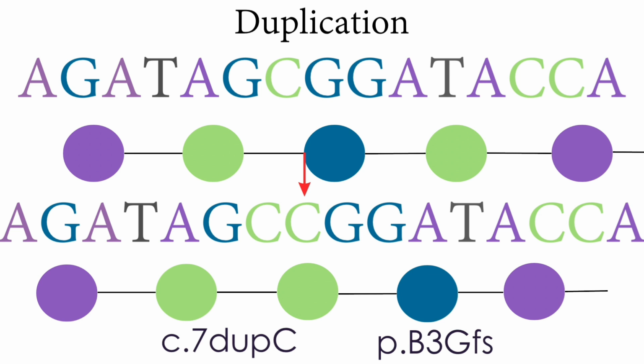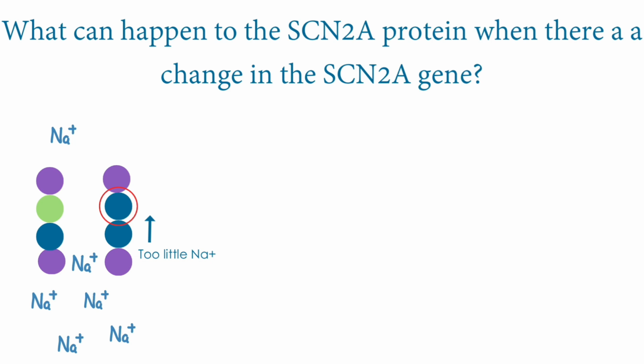The p. for this would be written as p.blue3greenFS, because a blue was changed to a green at the 3rd position, and it led to a frame shift since there was an additional 1 base pair, which shifted the frames in which the base pairs are read. So as you can see, all of these changes have a difference on the protein product that is made.